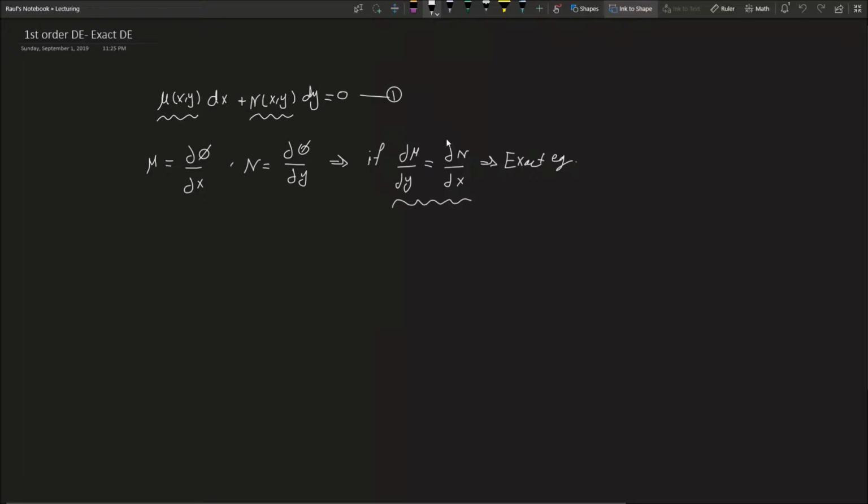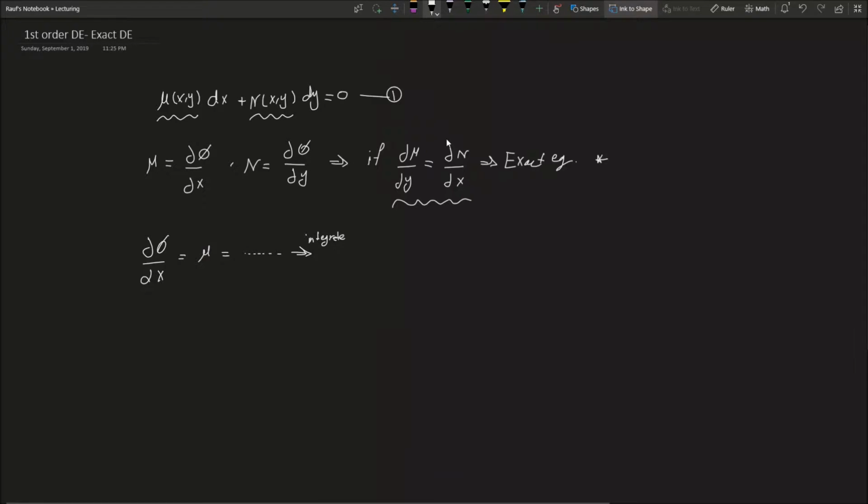Now you have confirmed that your equation is exact. The next step, you can say partial phi over partial x equals mu. In this case, mu equals a certain term, then you will integrate that term, as we will learn with the coming example.